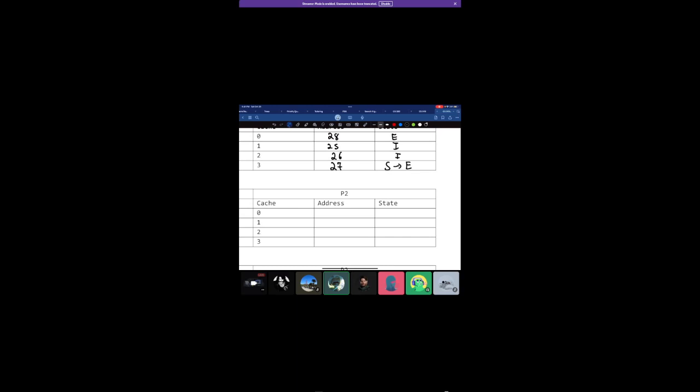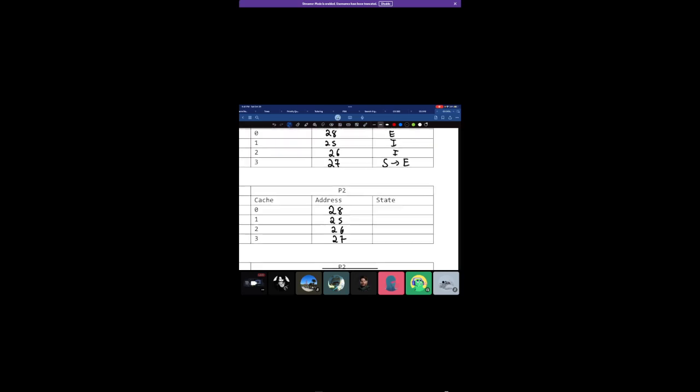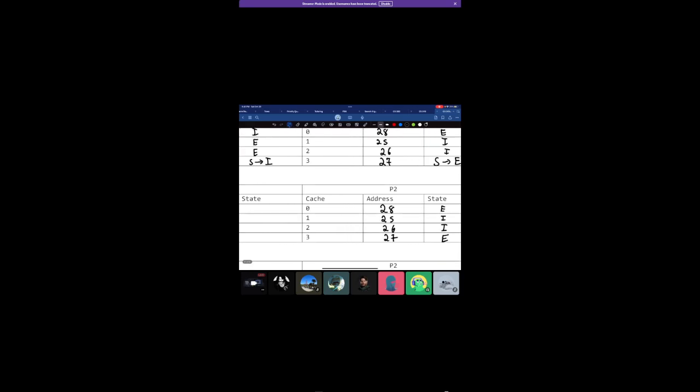This is processor 1, so that means everything here is going to stay the same. Let me just put that as E for now as well.